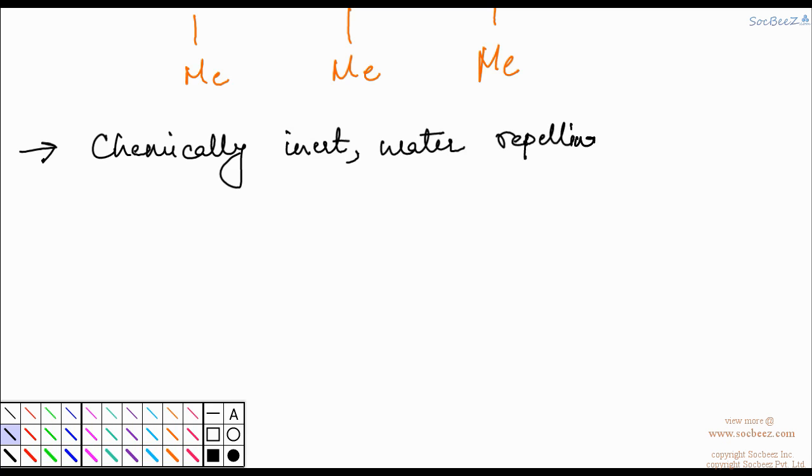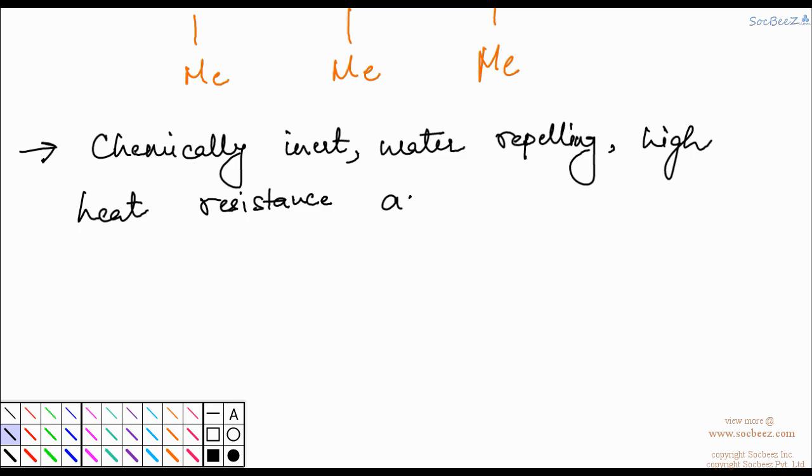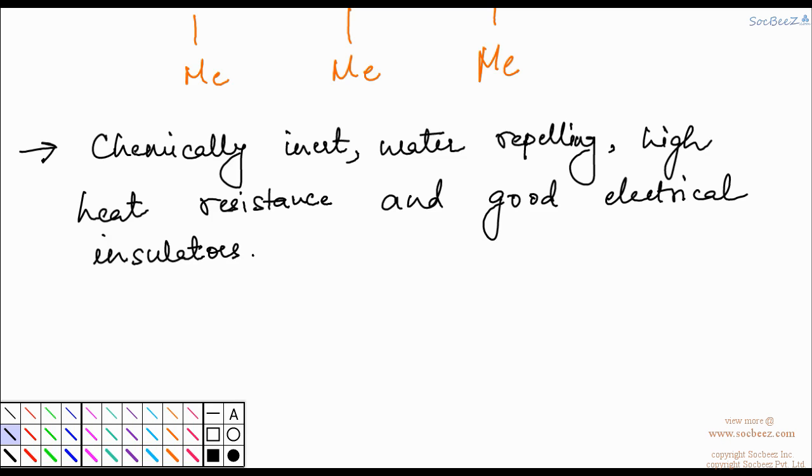They have high heat resistance, and they are also good electrical insulators. Because of these features, silicones have a wide range of applications. They are used for making wires, rubbers, and other day-to-day uses.